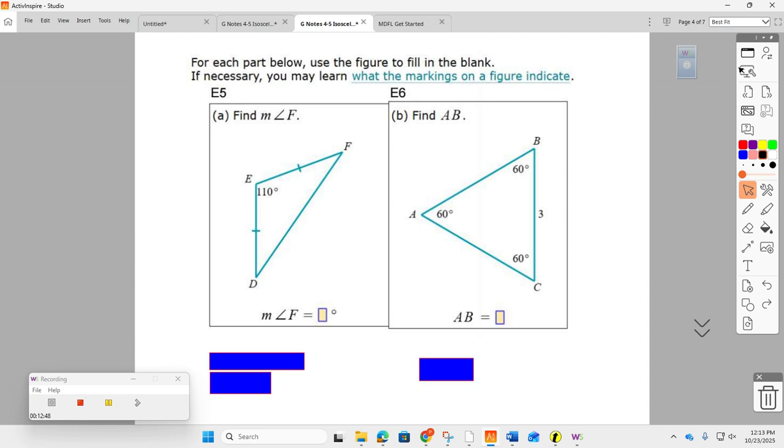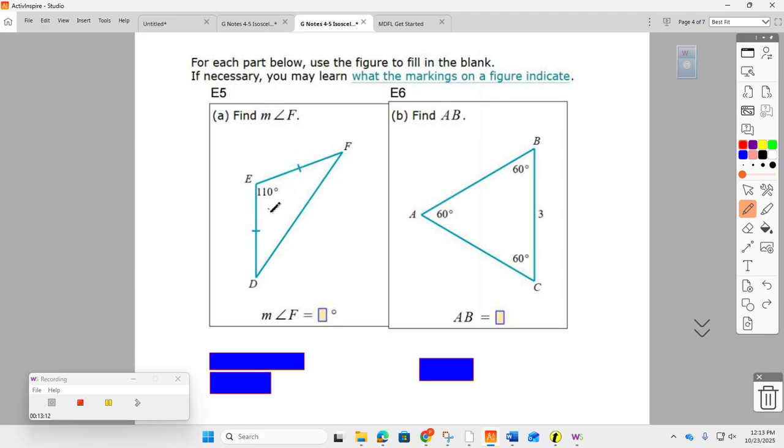So for each part below, use a figure to fill in the blank. If necessary, you may learn what the markings on a figure indicate. I surely hope that we know that by now. All right, what kind of triangle is in example 5? It is an isosceles. We have these two angles marked, sides marked congruent with one dash.